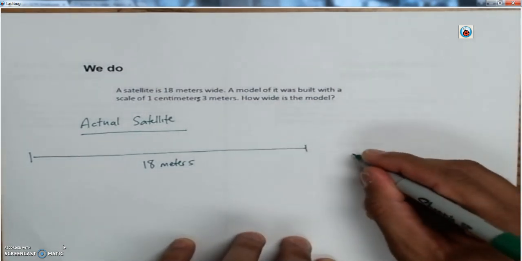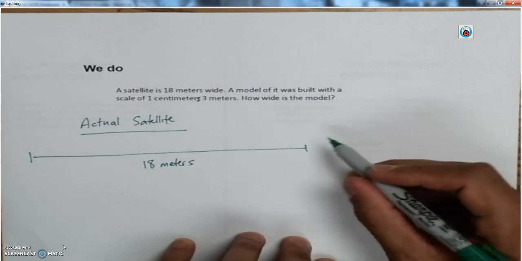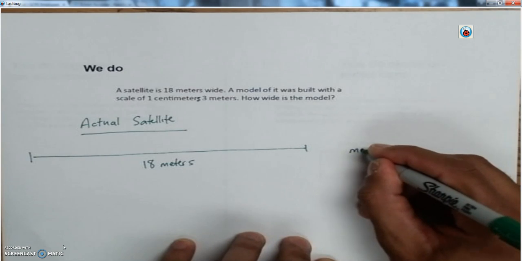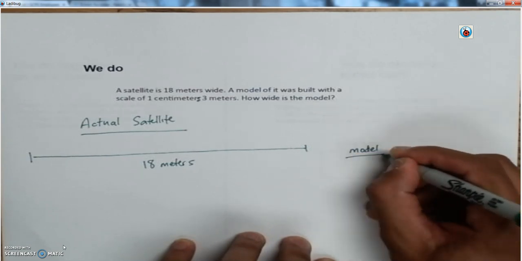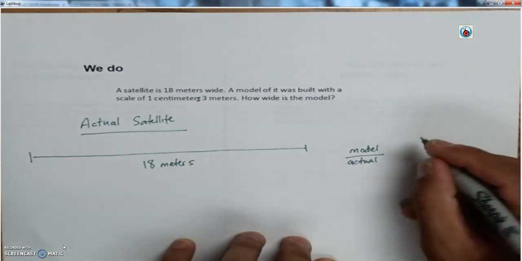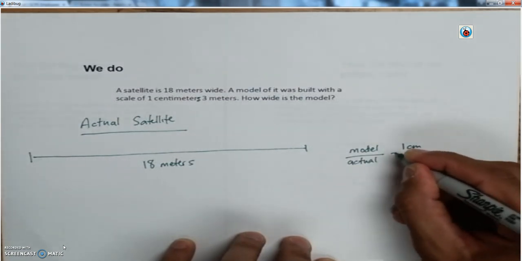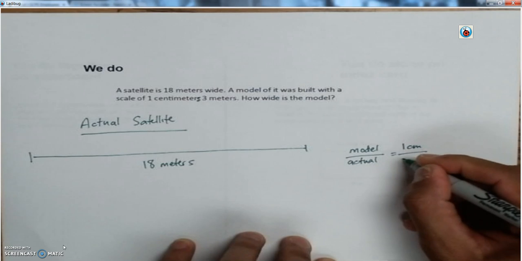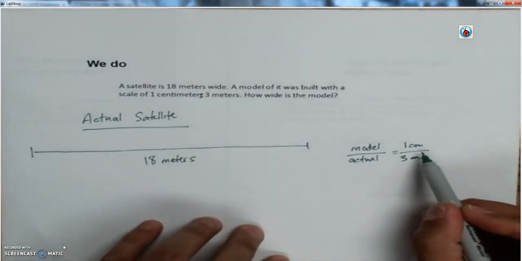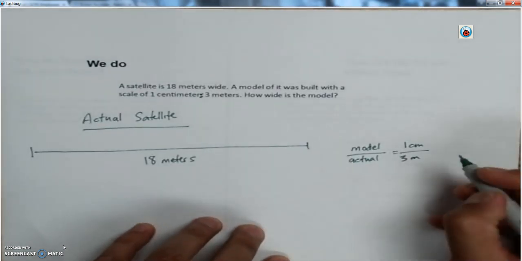Obviously the 3 meters is bigger than the centimeters, so that's the real one. So our scale ratio of model to actual is 1 centimeter represents 3 meters. 1 centimeter on the model represents 3 meters on the real thing. So we want to make an equivalent ratio to that.